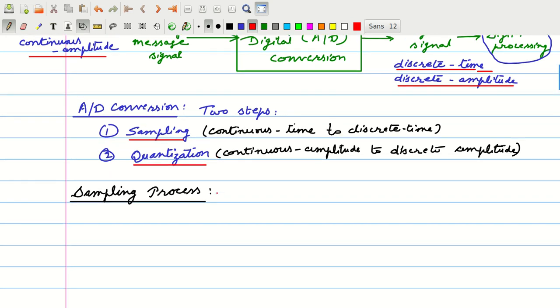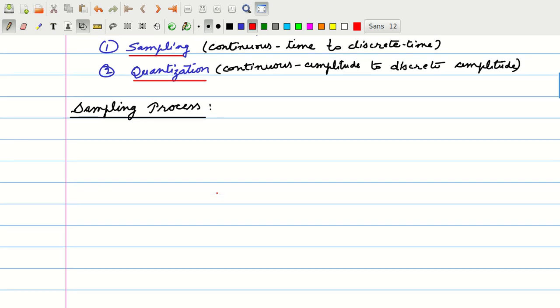In this module we shall discuss the sampling process, the first step.